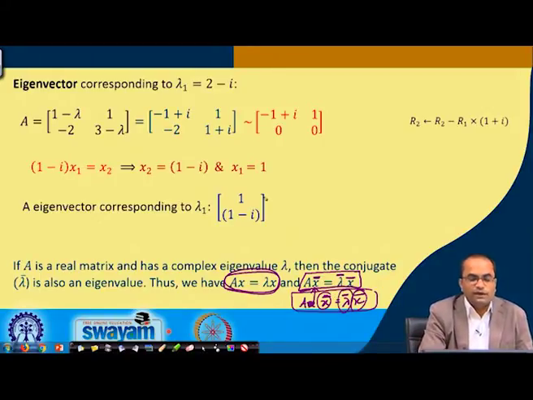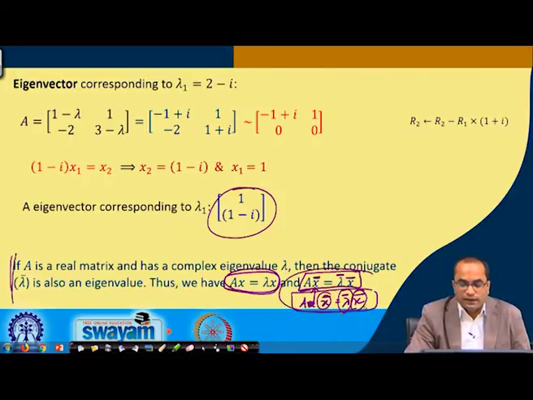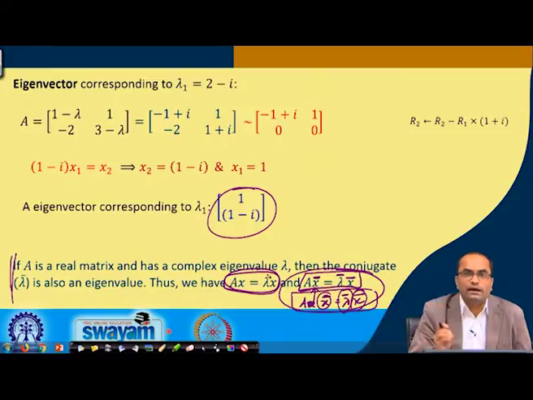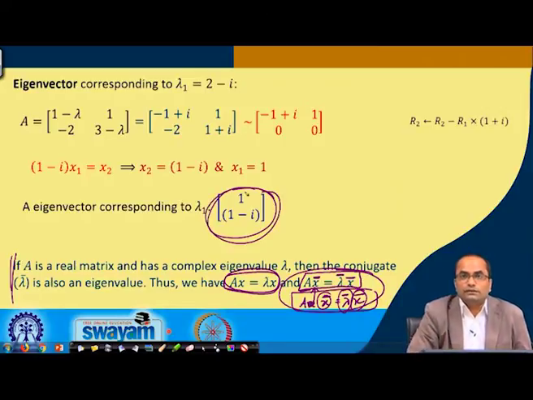Indeed we do not have to compute this, since we know from this calculation that once we have the eigenvector corresponding to one complex value of lambda, its conjugate will be the eigenvector of the other conjugate eigenvalue.